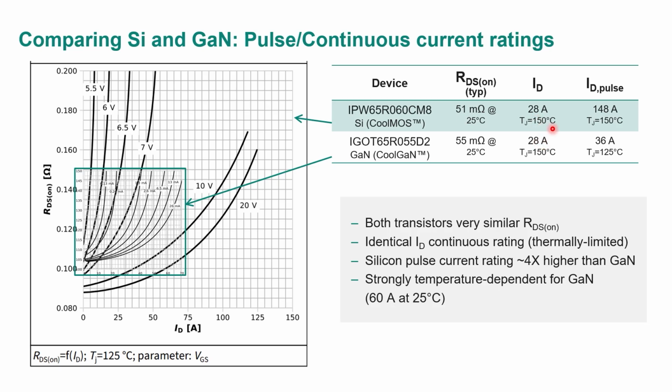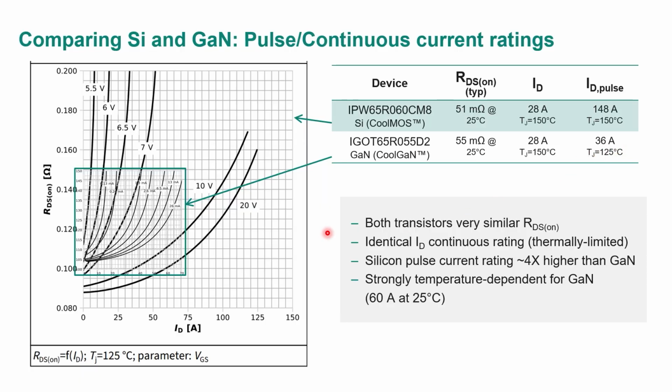The key difference here is in the pulse current. Notice that at 125 C, GaN only has a pulse current capability of 36 amps. Silicon at 150 is 148 amps. So this is a really big difference.